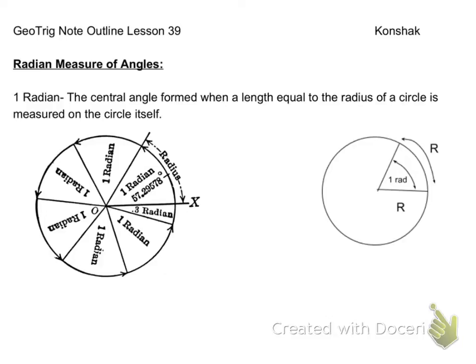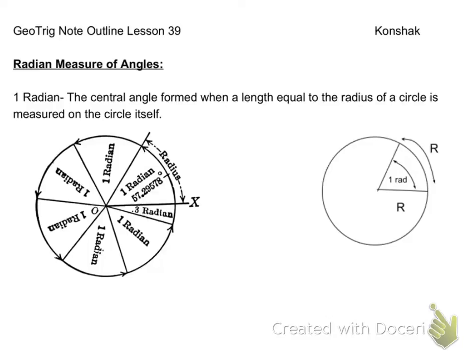So, remember that the central angle is the same as the distance on the circle, as in degree-wise. So, we can have a 30-degree arc, which means our central angle is 30 degrees. But now we can talk about a central angle being pi over 6. That means the distance of curvature on the circle is also pi over 6. Okay, that's what I'm trying to say here.